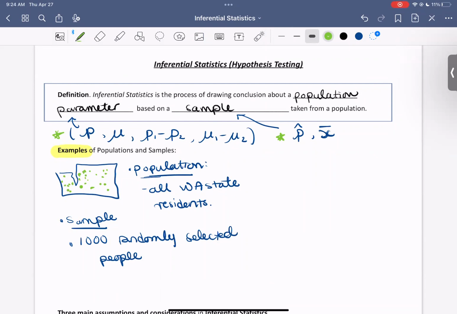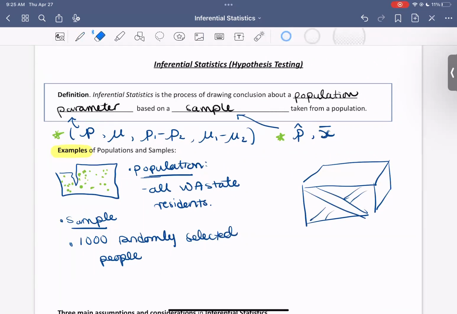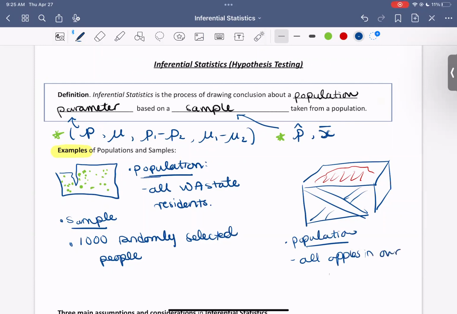All right, other examples we might have. Suppose we are growing some Washington apples, and we have all of the apples in our orchard. So here's our box of apples. The population is all of the apples in our orchard.